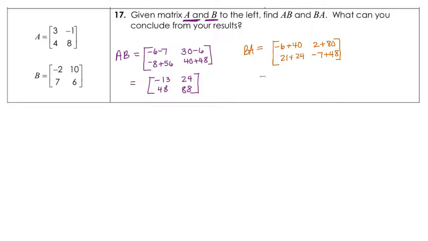And when we combine all of those values, we have 34, 82, 45, and 41. So notice that we did not get the same thing. In other words, matrix AB is not equal to matrix BA. Your commutative property does not work with matrices.